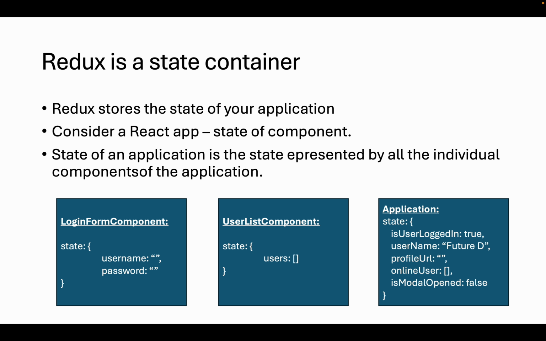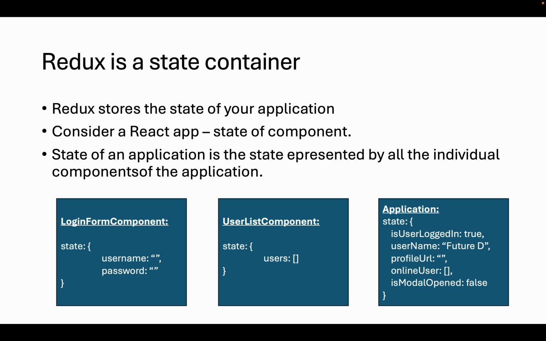For example, the application state is: user logged in, true or false; username, I'm putting Future D, anything; profile URL; and the online users, which is an array; and then is modal open, some kind of boolean variable inside the state. So this is how Redux is a state container that keeps your state.